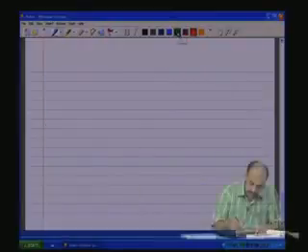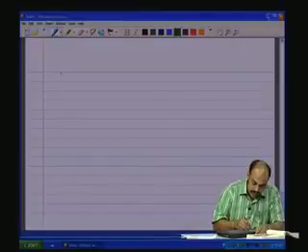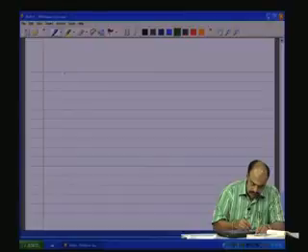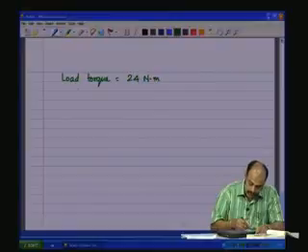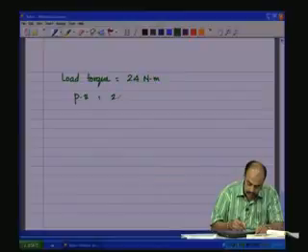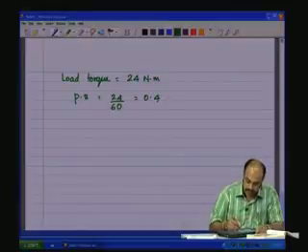Now, the load torque is 24 Newton meter. This means per unit value wise, it would be 24 by 60, which is 0.4 pu.